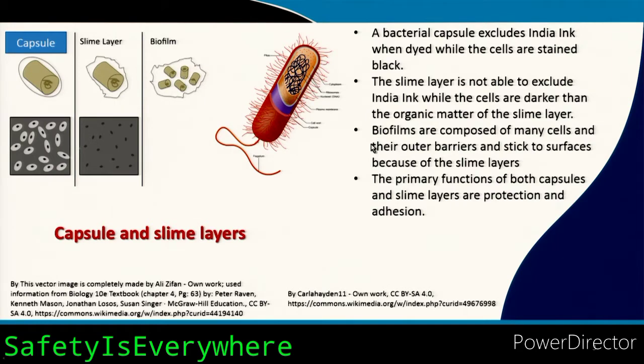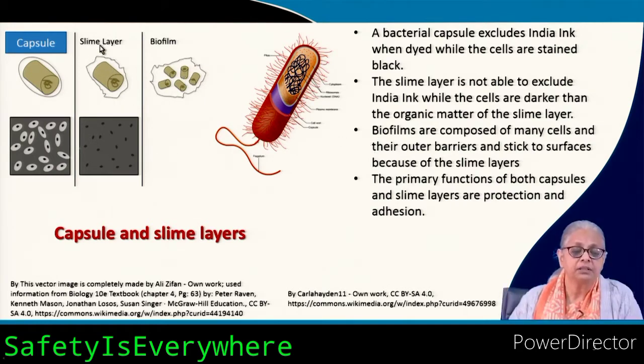And if they were to be examined, then this would be the result. So you have this slime layer which can be seen on these surfaces, which is basically providing a layer for the cells to grow, as well as a layer for adhesion to the surface, and it gets protection.